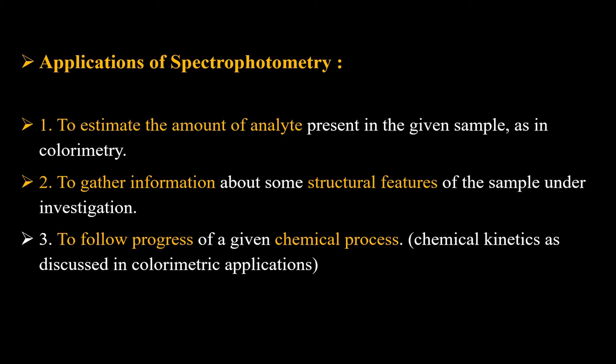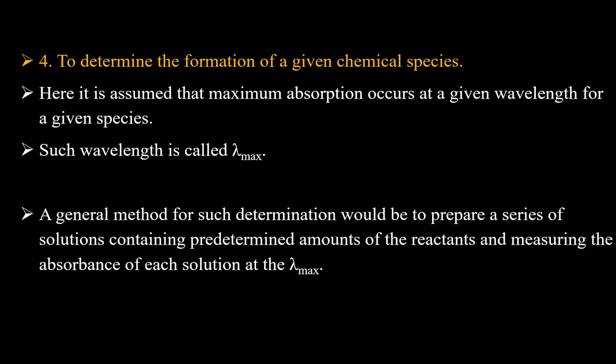Fourth application is to determine the formula of the given chemical species. Here it is assumed that maximum absorption occurs at a given wavelength for a given species. Such a wavelength at which maximum absorption occurs is known as lambda max. In general, the method would be to prepare a series of solutions containing predetermined amounts of reactants and measure the absorbance of such solutions at lambda max.